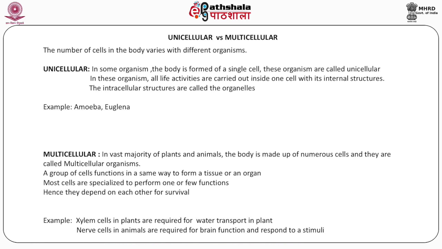Most cells are specialized to perform one or few functions, hence they depend on each other for survival. For example, xylem cells in plants are required for water transport in plants. Nerve cells in animals are required for brain function and responding to stimuli. So different cells have different functions.